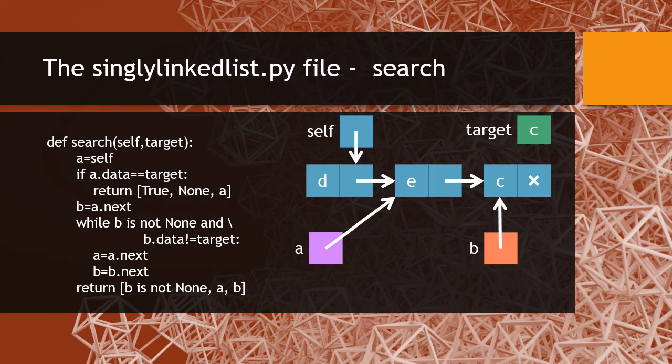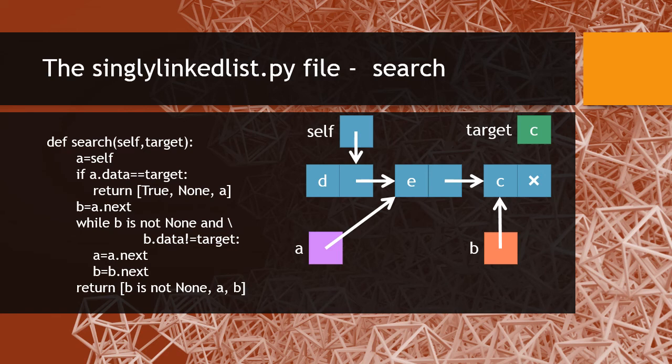So what we have done is we have advanced both pointers. Up till now you've seen this done many times. When we say A equals A dot next, we are moving a pointer to the next node. And the same thing happens when we say B equals B dot next. One iteration of the while is done.